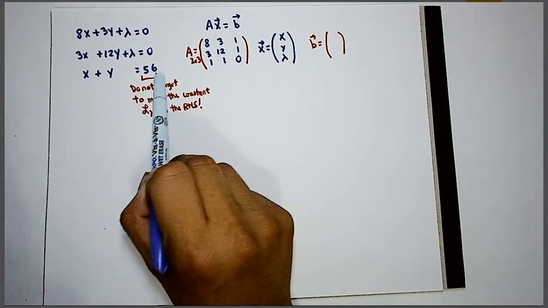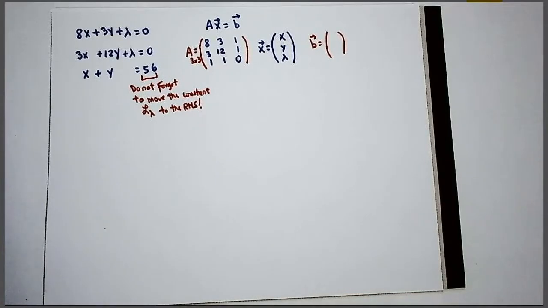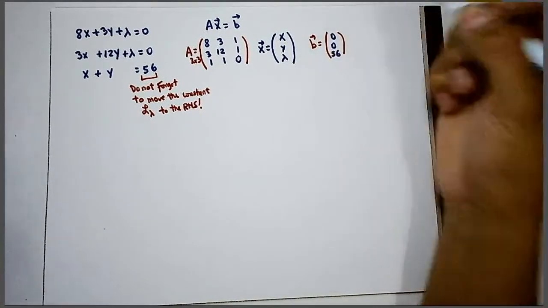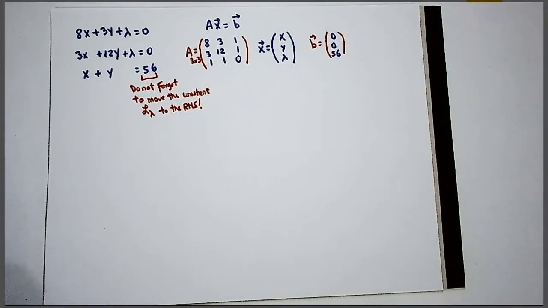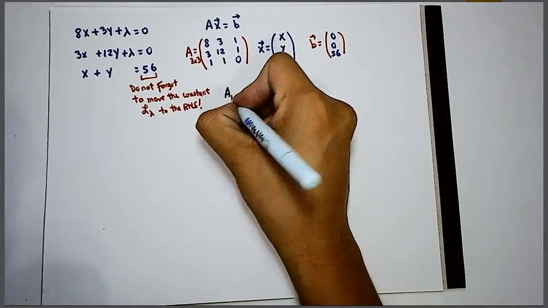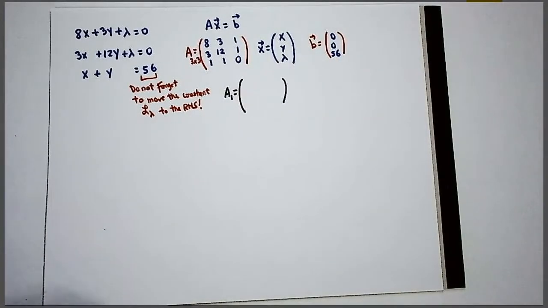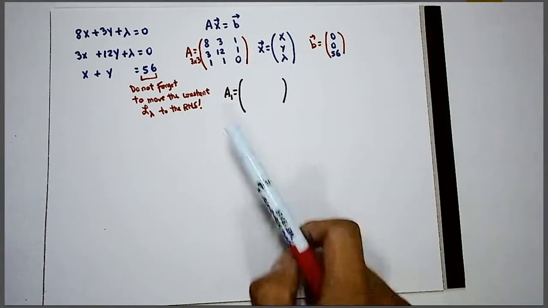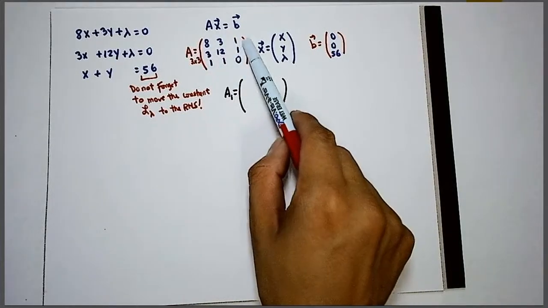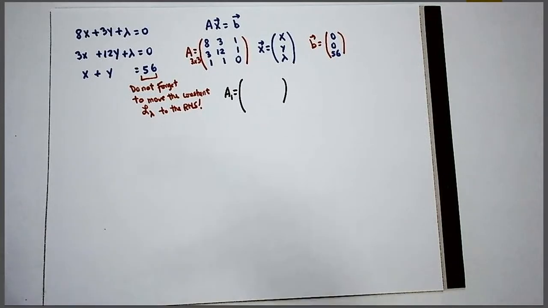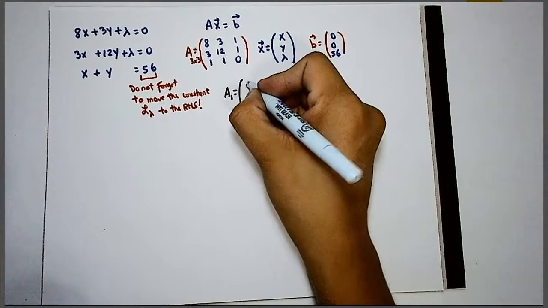So here we have the constants on the right hand side, which are 0, 0, 56. And now, because we have 3 unknowns, we will have 3 submatrices. A1 is simply the same as the A matrix, except that the first column will be replaced with the B vector.